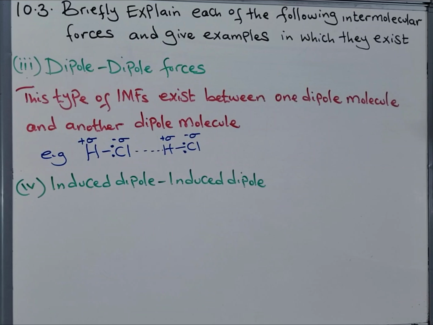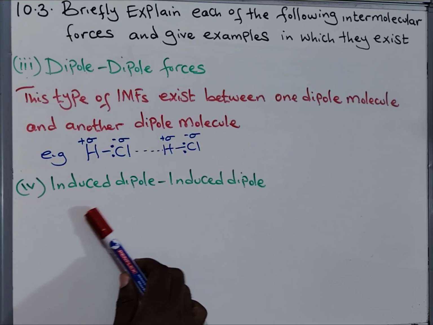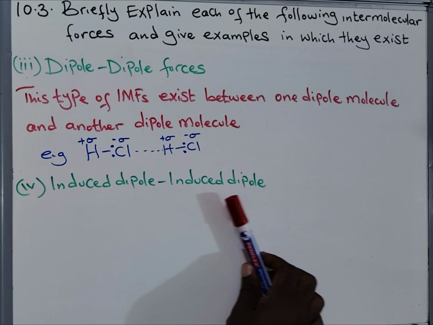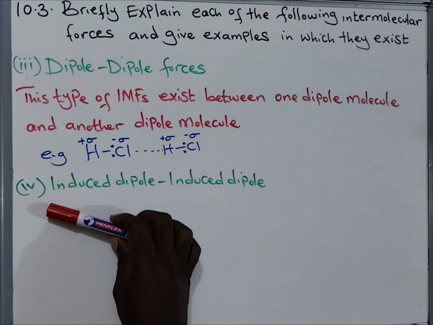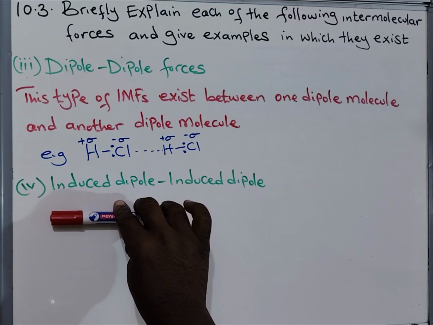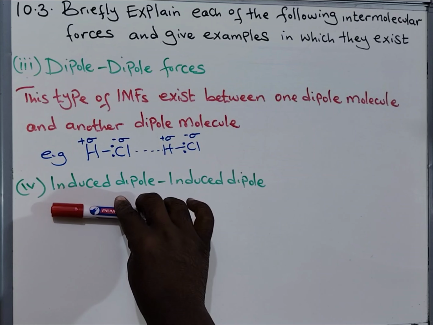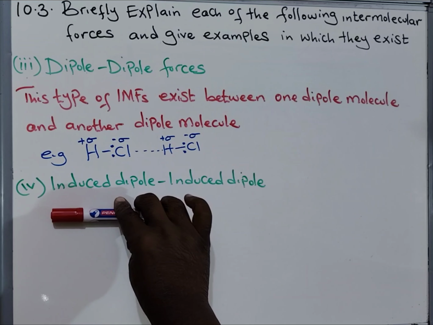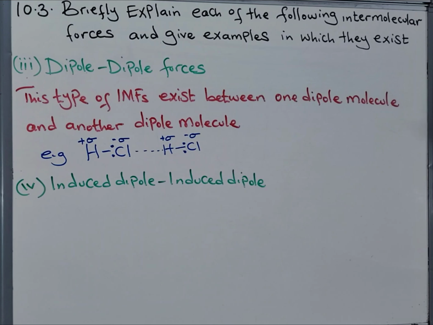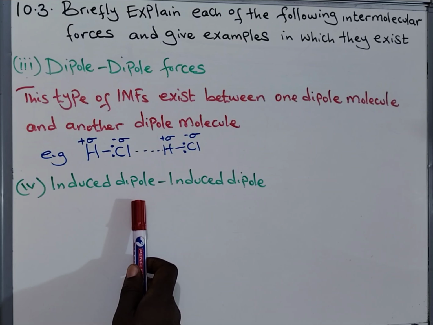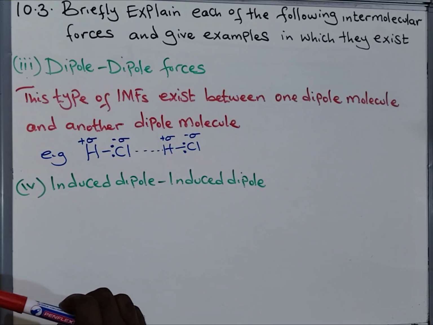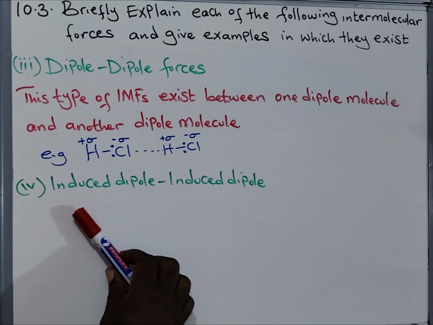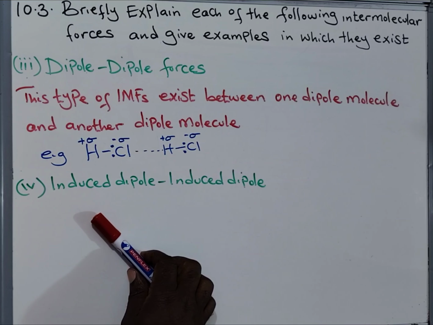Then we come to induced dipole, induced dipole. I want to remind you that every time you hear the word induced, it means that the molecule does not have a dipole. Induced means that it is forced by some circumstances to attain a dipole, which does not even last long. It eventually reverts back to not having a dipole.